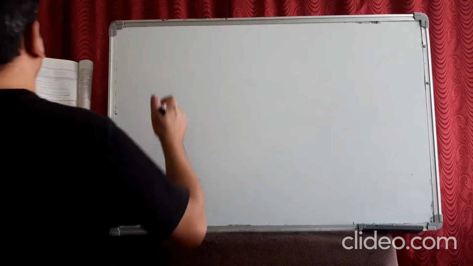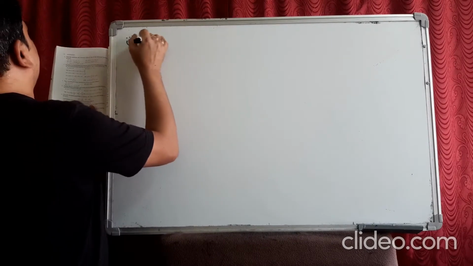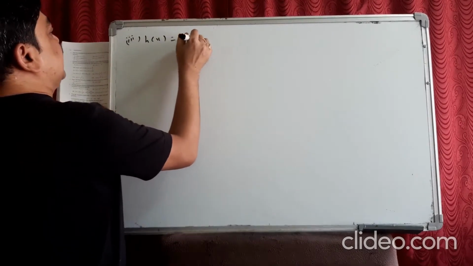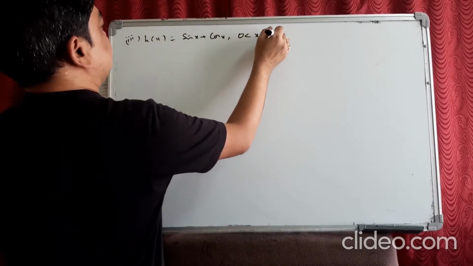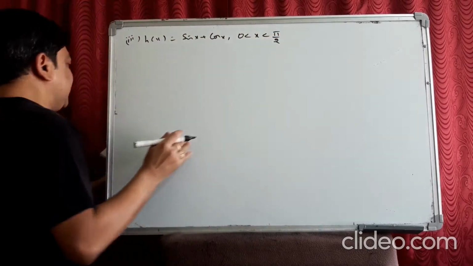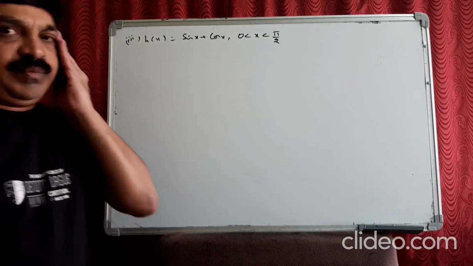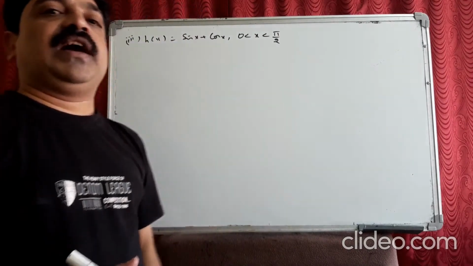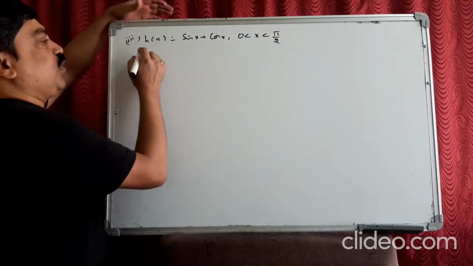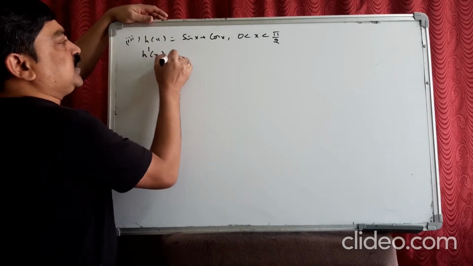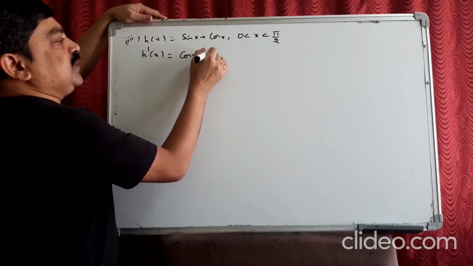Next, the third one. h of x is equal to sin x plus cos x, with 0 less than x less than pi by 2. It means you are in the first quadrant. 0 to pi by 2 means we have to search for the values of x in the first quadrant only. So let us see, same process. h dash of x is cos x minus sin x.